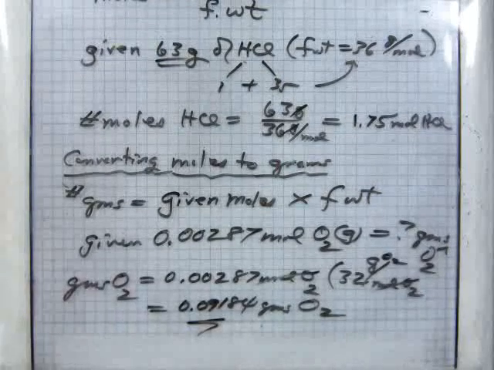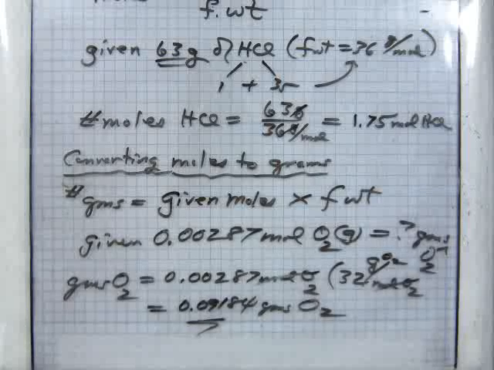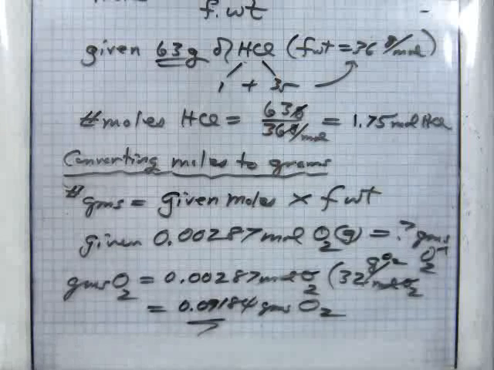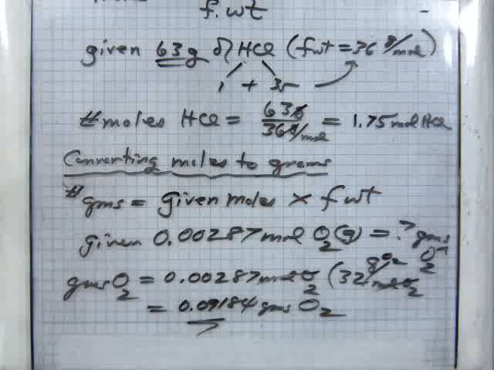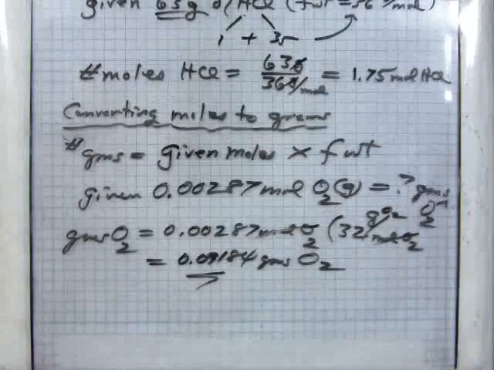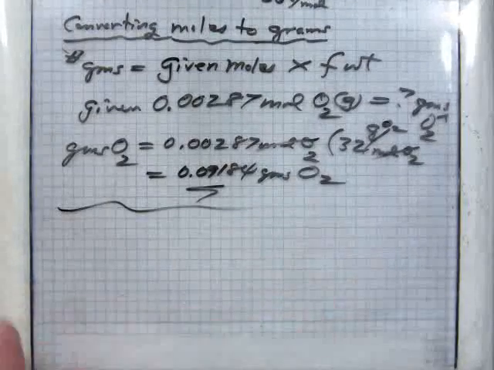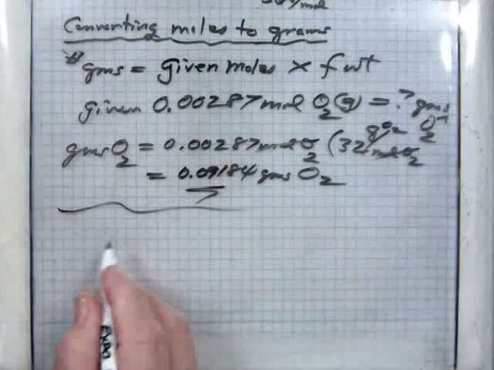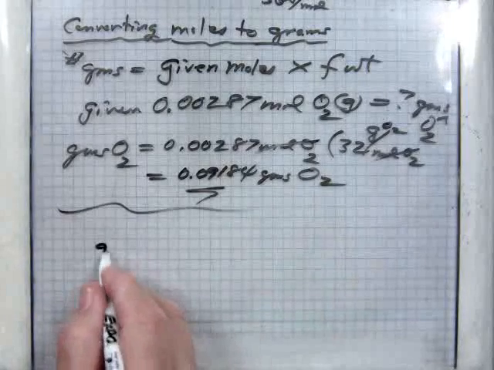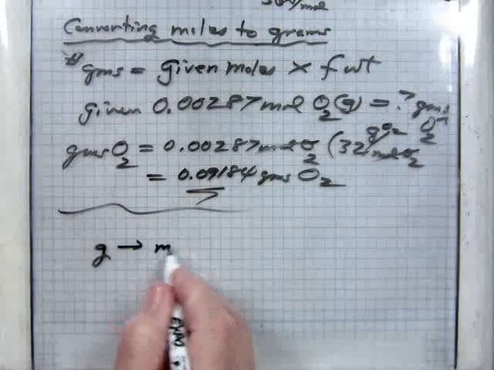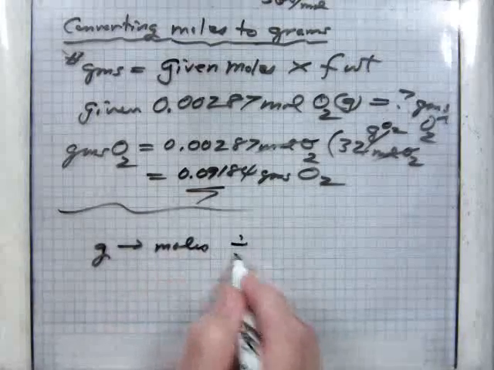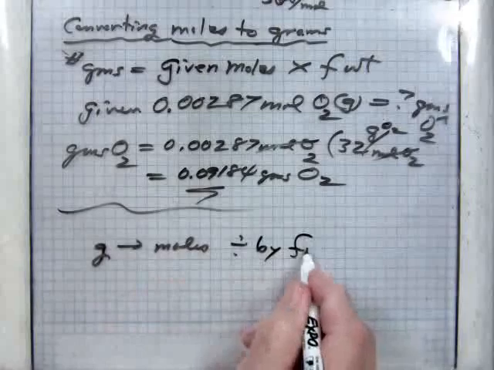Now, this needs to be as familiar as your name. Okay? Rhetorically, if I ask you your name, you don't have to think about it. You just tell me. That's the way I'm suggesting you learn this. So what I would put here in conclusion, so to speak, is grams to moles, divide by formula weight.